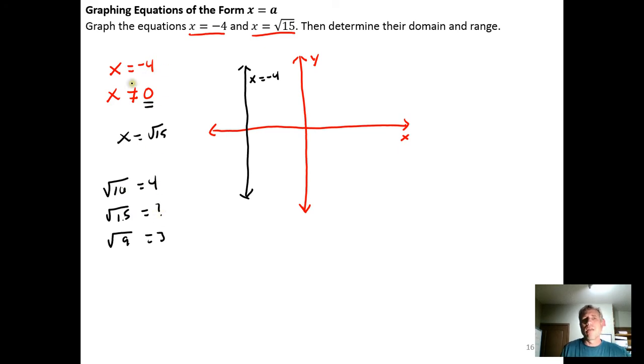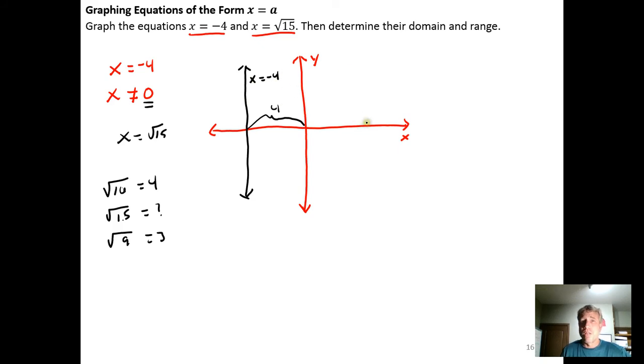So if I've just graphed x equal to -4, I know that my equation x equal to the square root of 15 will be, if this distance here is 4 and the square root of 15 is almost 4, almost the same distance from the y-axis as the equation x equal to -4.